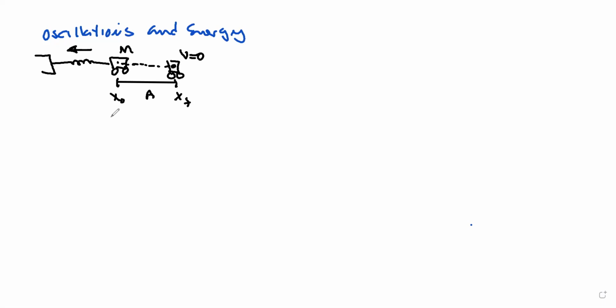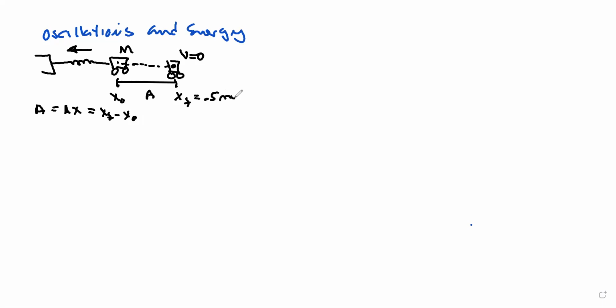The amplitude is delta x, which is x final minus x initial, and let's say x final is 0.5 meters.